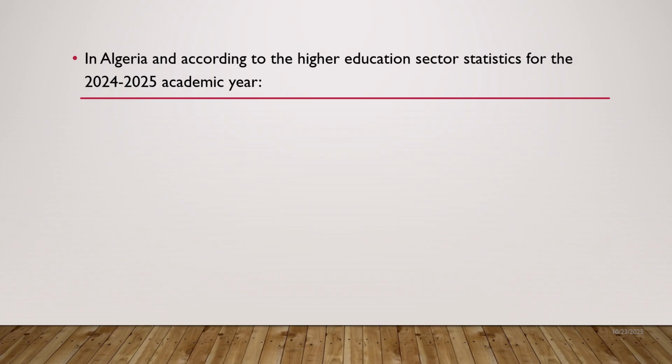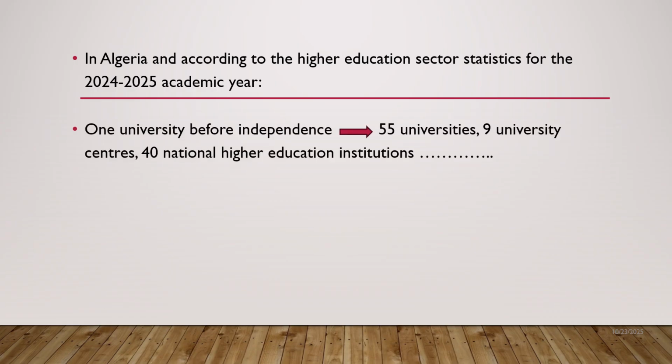In Algeria, and according to the higher education sector statistics for the 2024-2025 academic year, from one university before independence to 55 universities, 9 university centers, 40 national higher education institutions, in addition to 54 public institutions subject to pedagogical supervision of higher education, and 20 private institutions subject to pedagogical supervision of higher education.